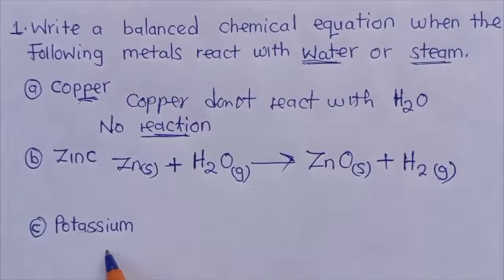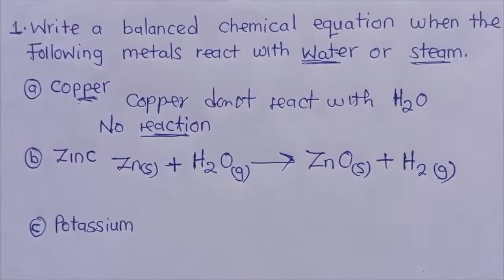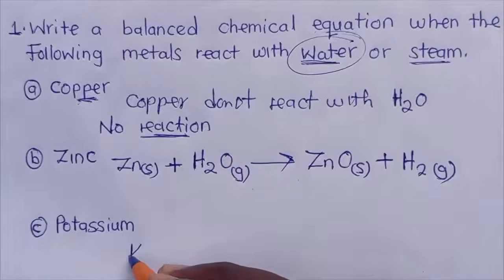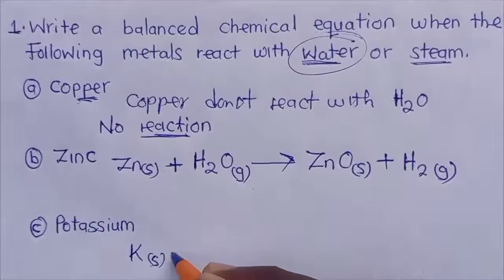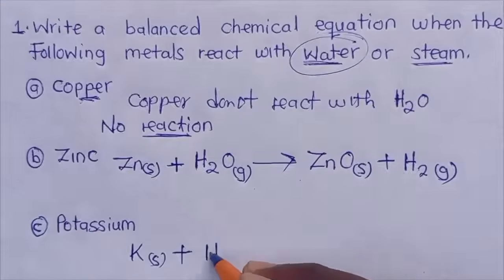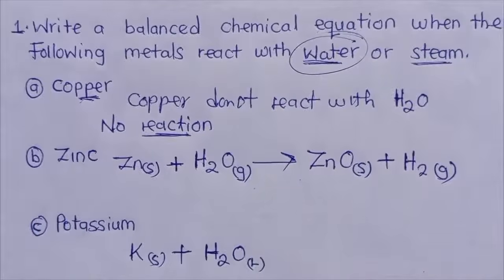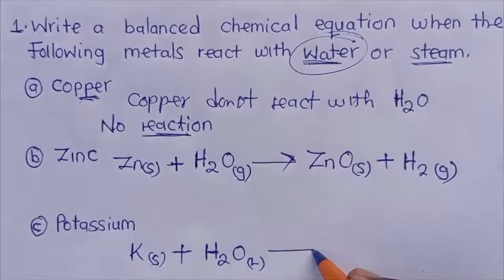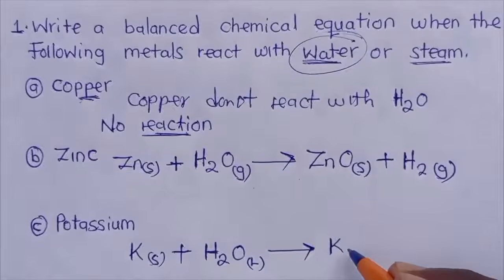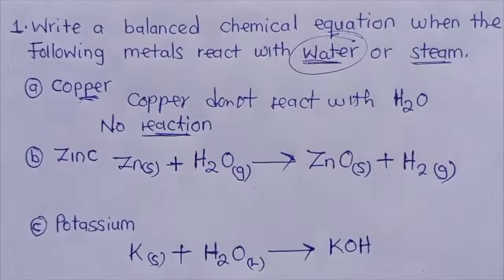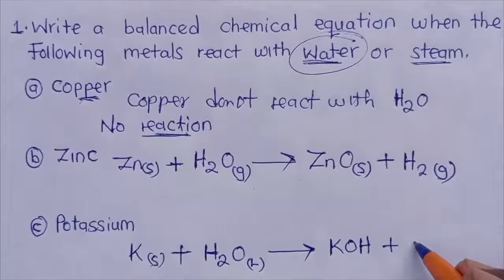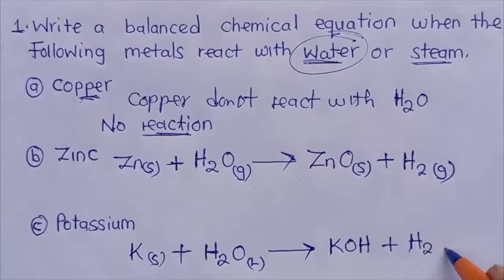We move now to potassium. What will happen with potassium? Potassium reacts with water to produce a hydroxide. So potassium, which is a solid, reacts with water, meaning water is in liquid state, giving us potassium hydroxide plus hydrogen gas.